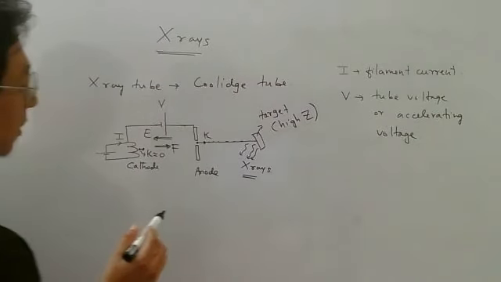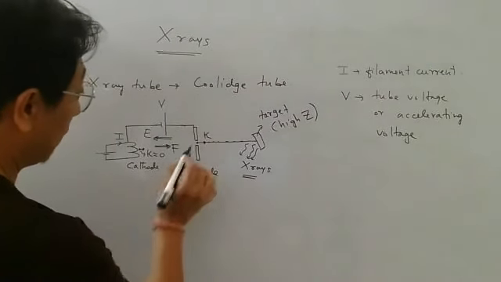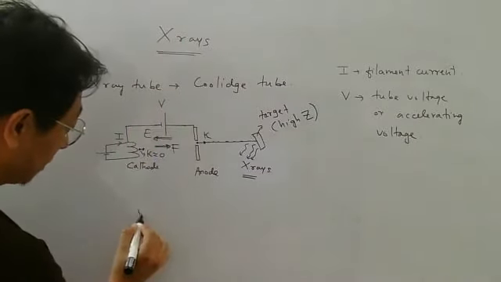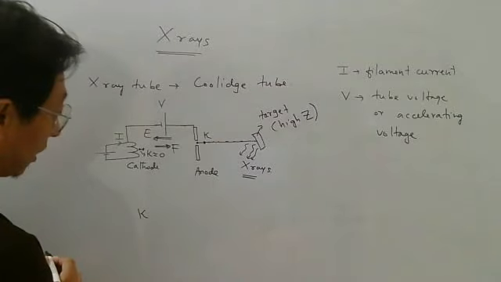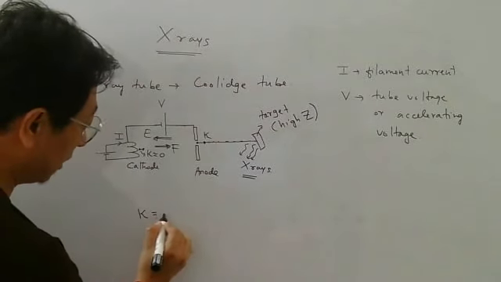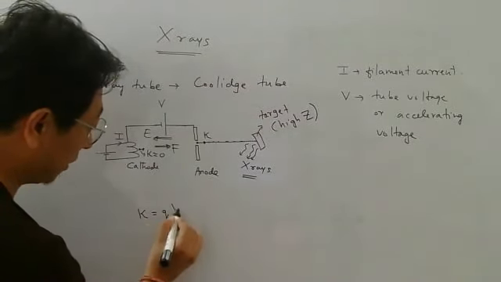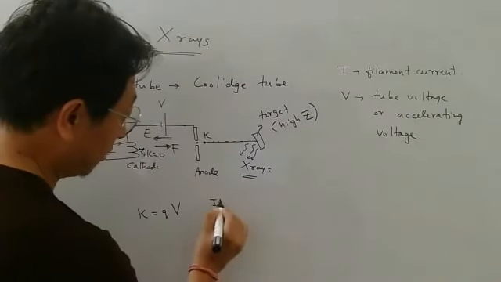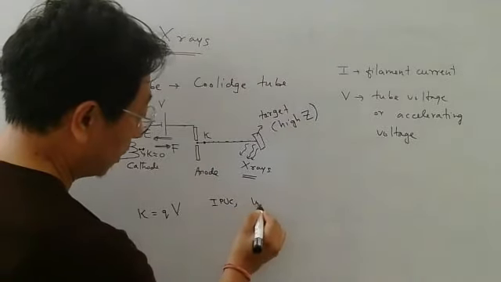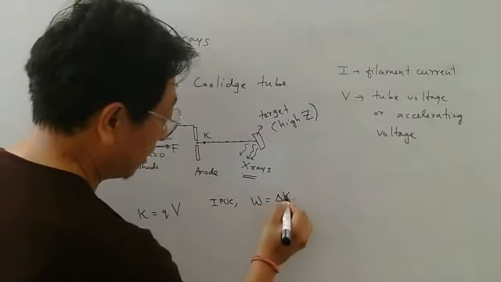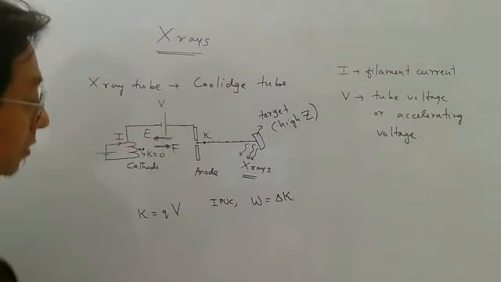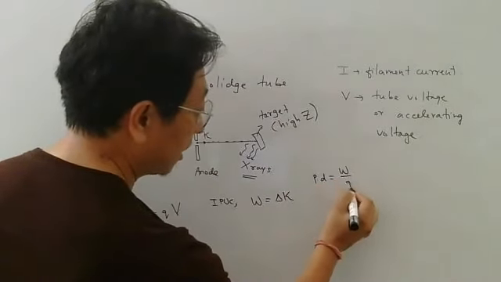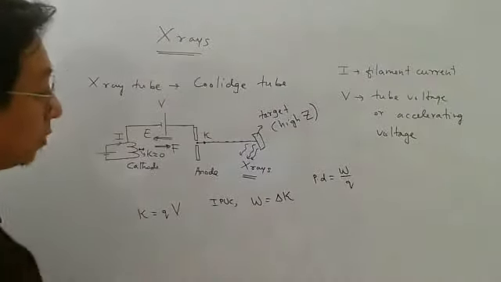Now, what will be the relation between this kinetic energy and this voltage? The kinetic energy gained by the electrons must be equal to Q into V. Why? Because from first principles, work done is equal to change in kinetic energy. Potential difference is work done per unit charge. So what will be work done?